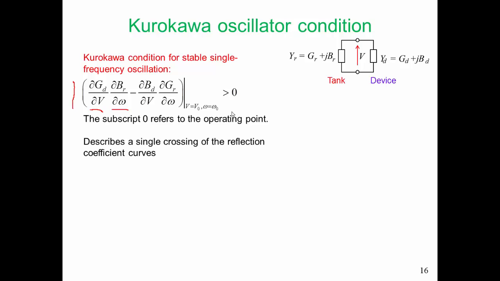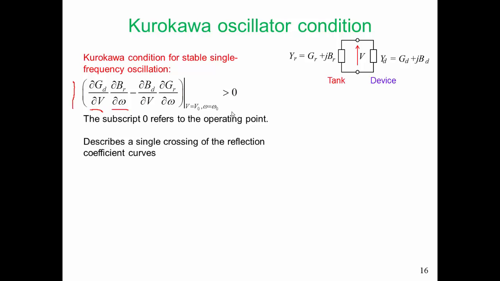Our subscript 0 refers to the operating point. There's an additional assumption here that BR and GR are both independent of voltage. And of course that is what we normally expect.